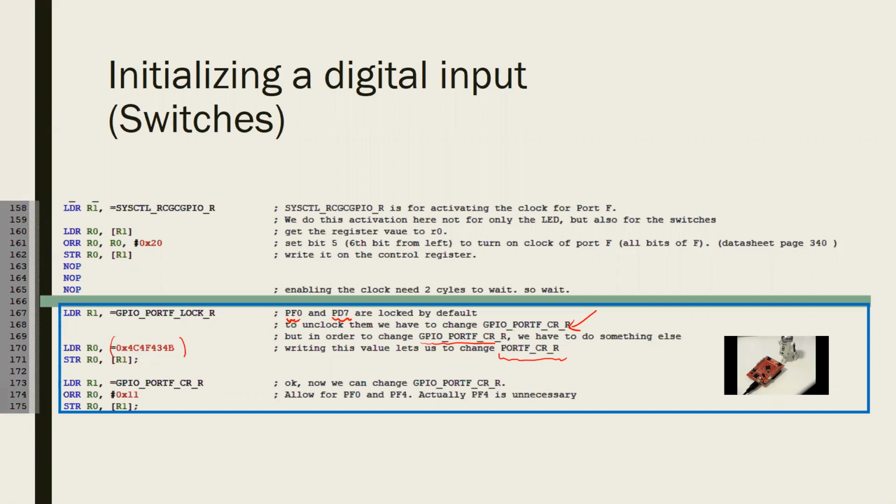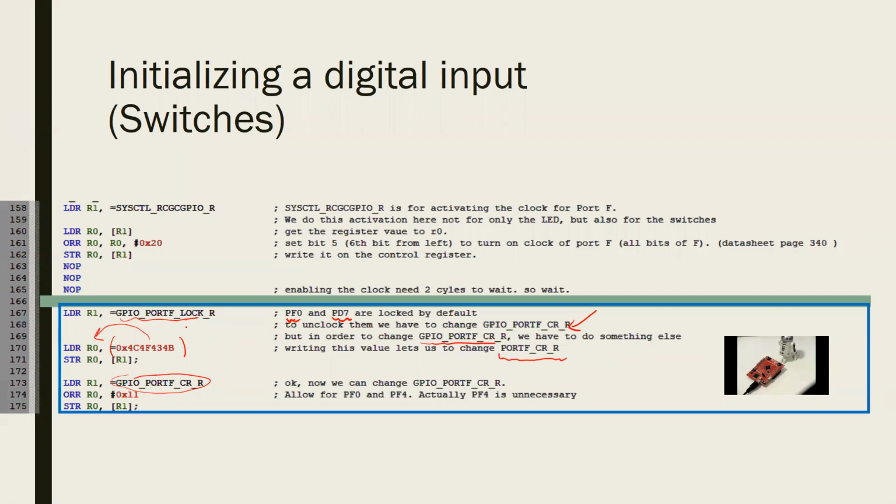Why these values? Well, you can go into the datasheet, read the details, and see which pins are 1 and which pins are 0. It will make sense to you. But what I do is, I get this value to R0, and I write this number to the lock register. Then I can change it. Then I get this value, point to this register, and I write these values to this register, guys.